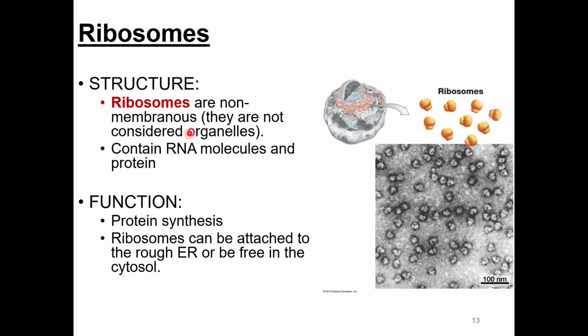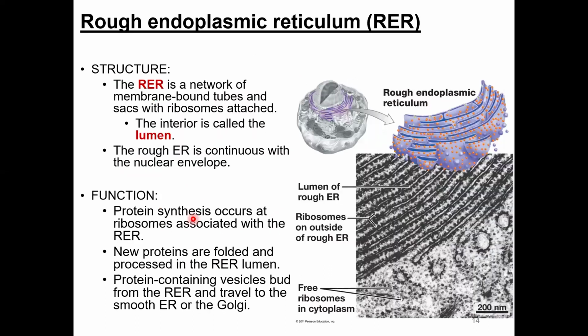And these are basically little non-membranous structures that contain RNA molecules and proteins. They are technically not considered organelles, but they are within the cell to assist with protein synthesis.